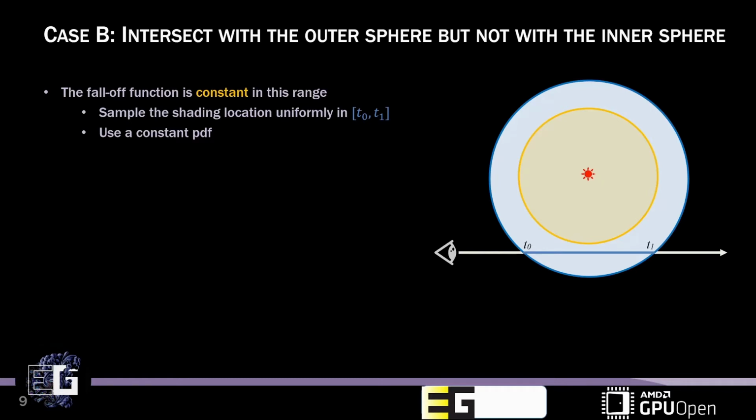In this case, the stochastic fall-off function is constant in this range between the inner and the outer spheres. So, we can sample the shading location uniformly between these two points, T0 and T1, with a constant PDF.